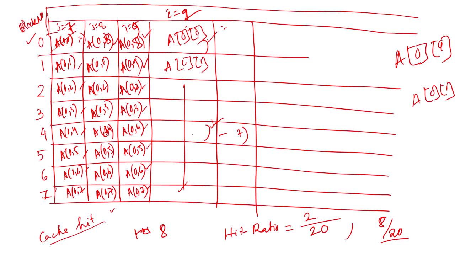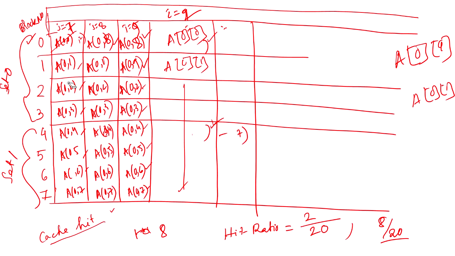Okay. So, next is set associative mapping. In case of set associative mapping, we will see something interesting. So, we have two sets. Therefore, these 4 blocks will form set 0 and these 4 blocks will form set 1. Okay. So, what will be the content here?